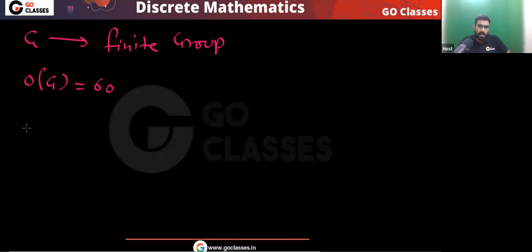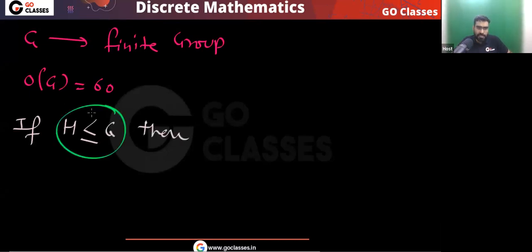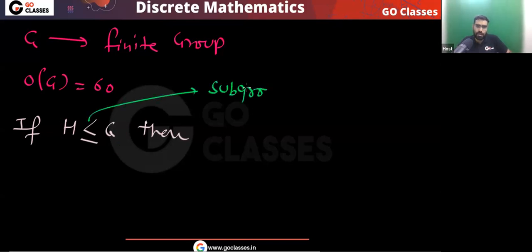If H is a subgroup of G, this is the symbol for subgroup, then the Lagrange theorem says that the order of H will divide the order of G. This is a very popular theorem that we already know.